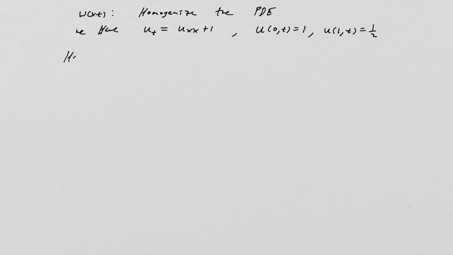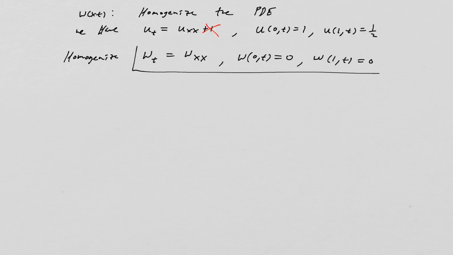All right, so we're going to homogenize. So now we're going to have w_t is equal to w_xx. So essentially what we do is we kill off the non-homogeneous source term. The next thing we do is homogenize the boundary conditions. So we're going to have w(0,t) is equal to 0, and w(1,t) is equal to 0. All right, so that's our homogeneous equation.